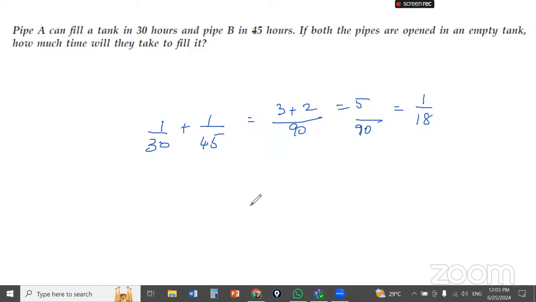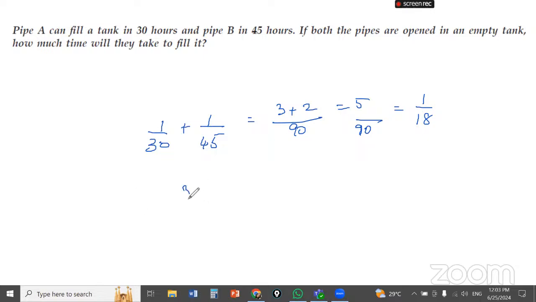You can take 180 also. LCM is the least common multiple, right? 45 twos are 90, 30 threes are 90. Actually 90 is the LCM. You can take 180 also, you'll get the same answer. But when you go for LCM, it is 90.